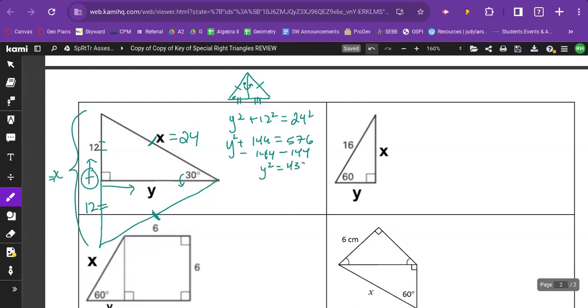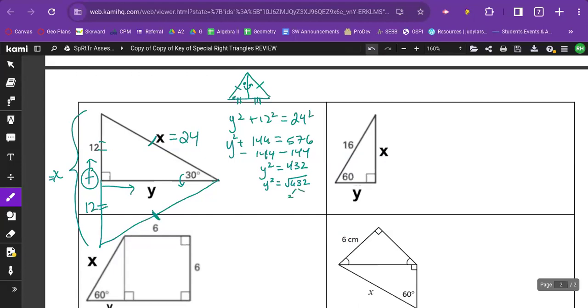432. And then I can split this one up because y will be the square root of 432. And hopefully we end up with, I'm looking at the wrong one, 12 root 3. So let's see if we do.